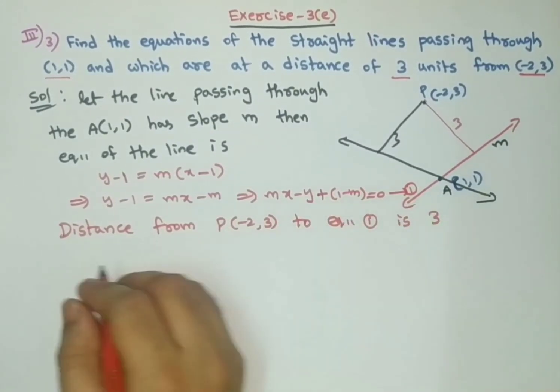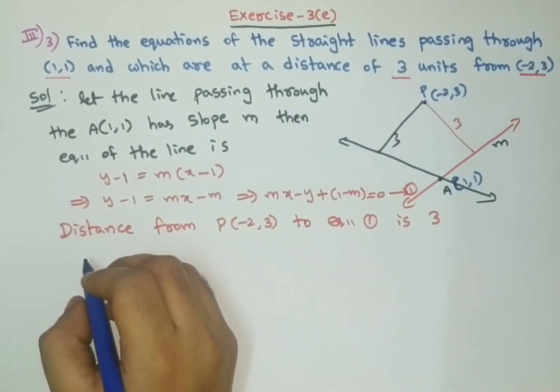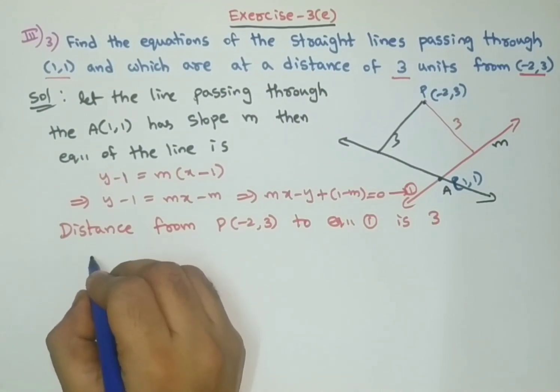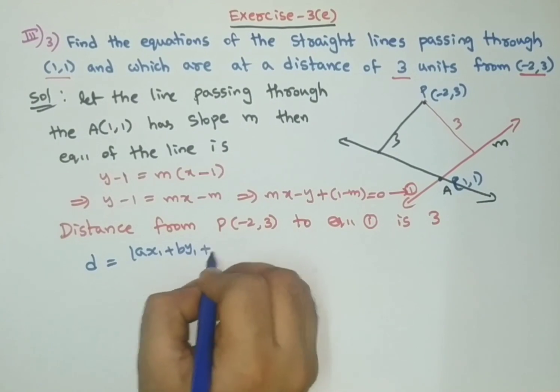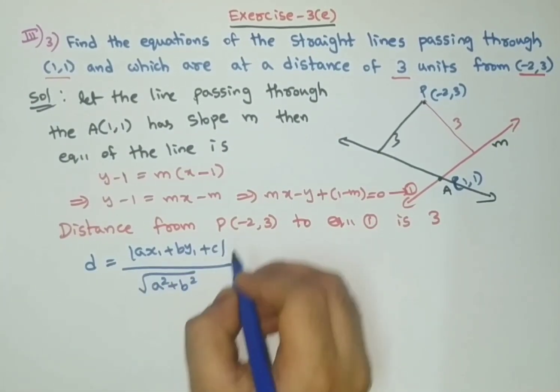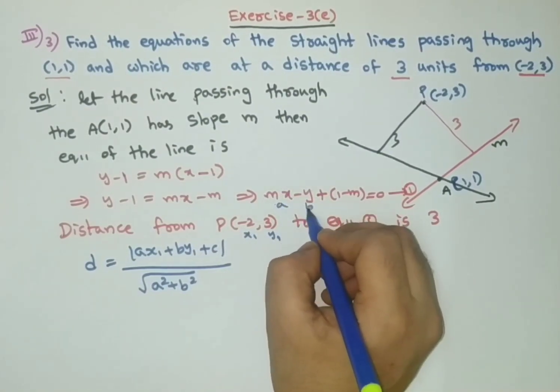3 units. That means, what is the distance formula? D is equal to mod of ax1 plus by1 plus c, by under root of a square plus b square. Here the point has x1, y1, so which are a, b, c?